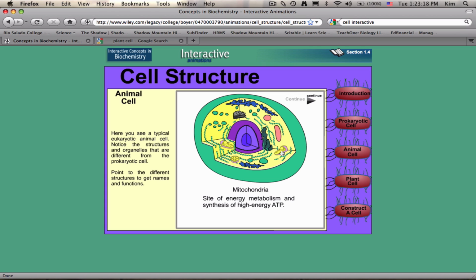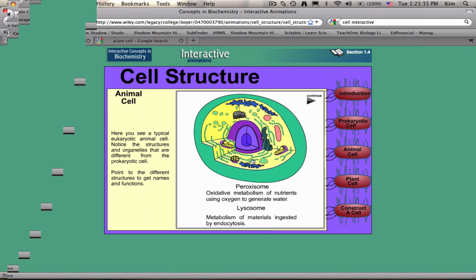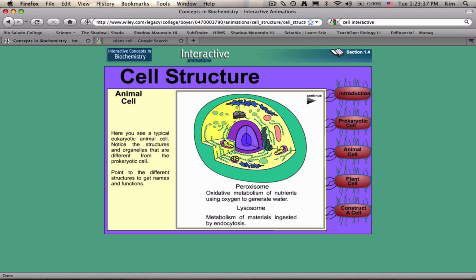All right, we have the smooth endoplasmic reticulum out here, and this is a transport system for the liquids and the nutrients inside of the cell. We have lysosomes. Lysosomes and peroxisomes, they break down things in the cell. So they really are responsible for getting rid of wastes.